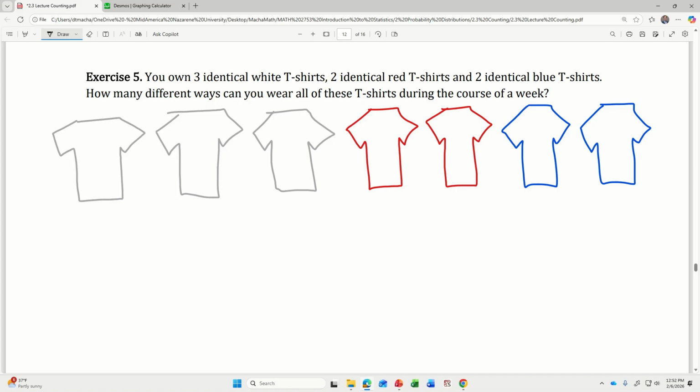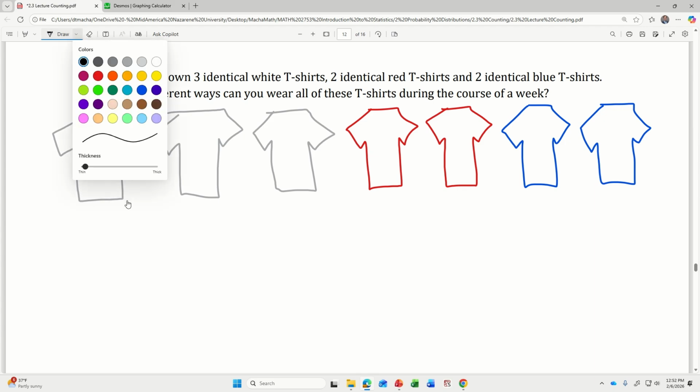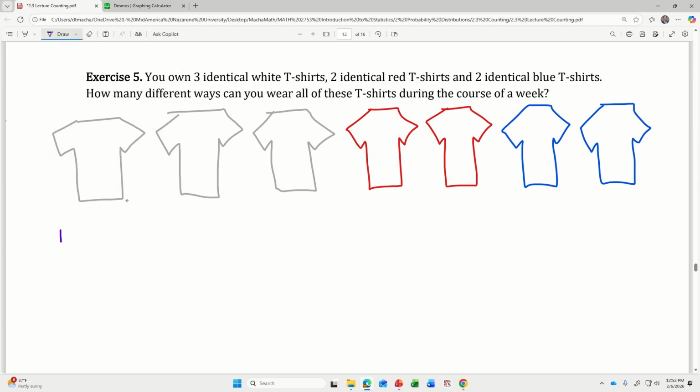Okay, so let's discuss. Step one is we imagine for a moment that they are distinct, and we can tell them apart.